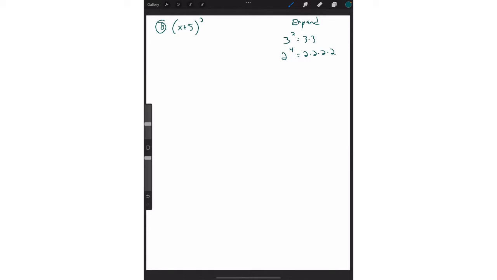So by expanding it, I'm taking something and making it bigger. I'm expanding it. So x plus 5 squared would be the same thing as saying x plus 5 times x plus 5.